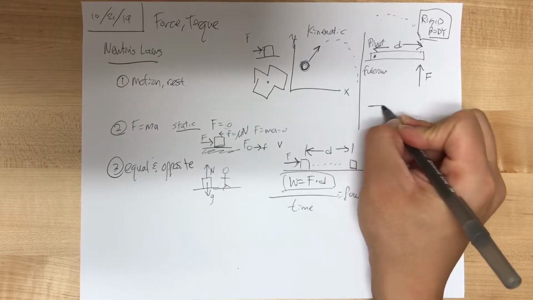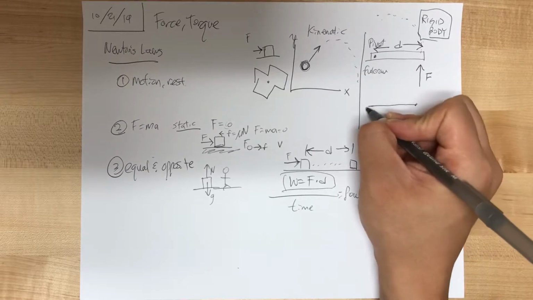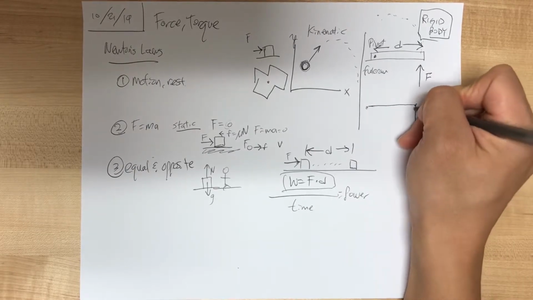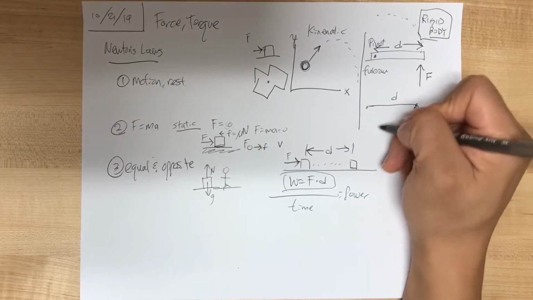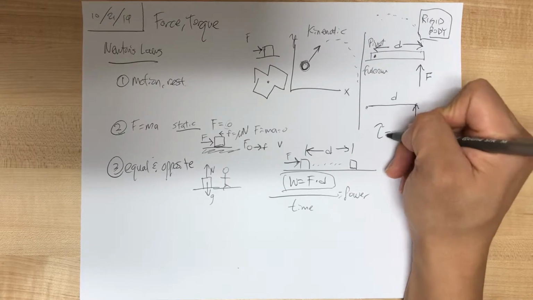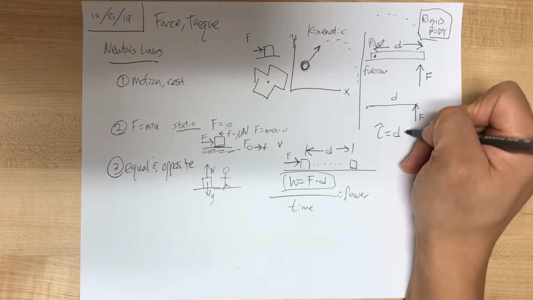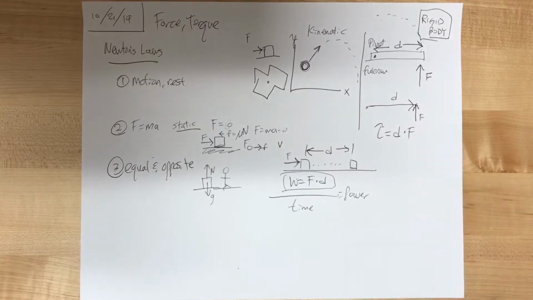If we just draw this out, we call these vectors. Again, more terms that you might encounter later on. You have force, you have a distance. In order to calculate the torque, and they use this Greek letter tau for torque, it is that distance times the force. Now, this is a little different.